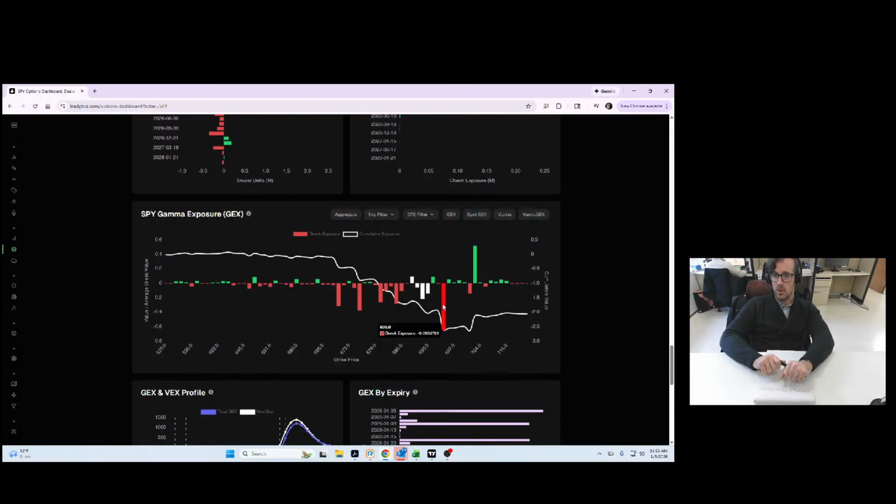So no, that red bar there, that is where people want it to go. And there's a lot. You can see it's very large, and it's very large here. I would target that probably at the end of the week, just because I don't know if it's going to go there today or this week.